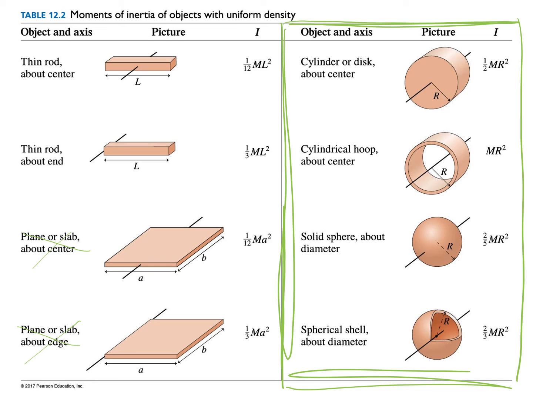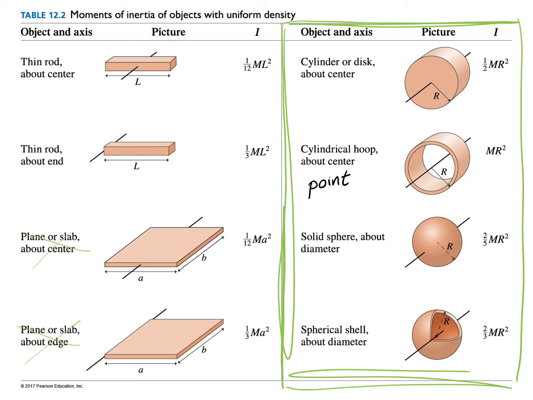And it turns out that it's the same as just having a point, which we'll see a little bit more later. If you had a point of mass, it's going to have an MR squared moment of inertia.